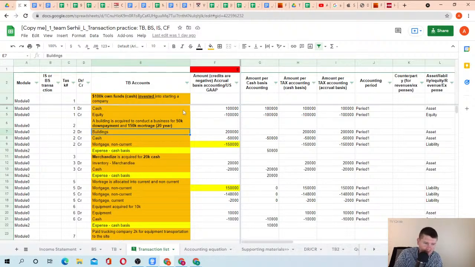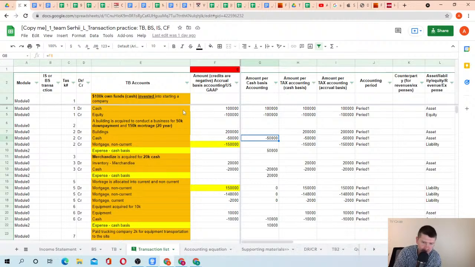Let's see what happens if we acquire a building under a mortgage. For accrual accounting, we recognize the building, we recognize the cash outflow, and we recognize the mortgage. For the cash basis accounting, if it's pure cash basis accounting, if it's not hybrid, if it's not mixed, we just recognize cash flow.